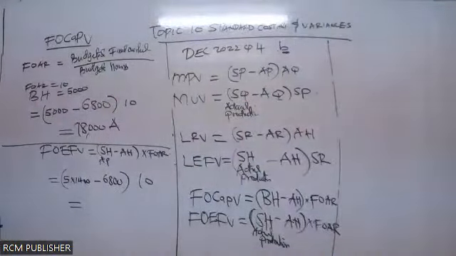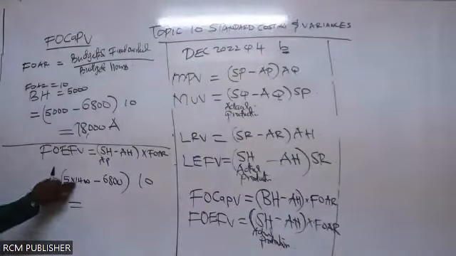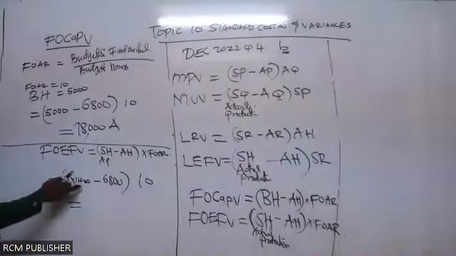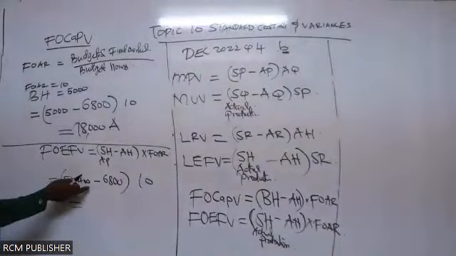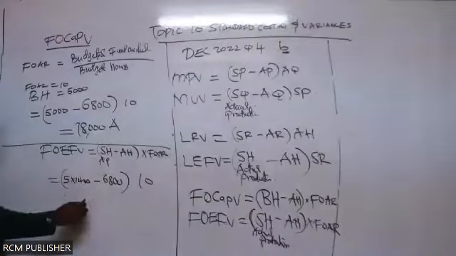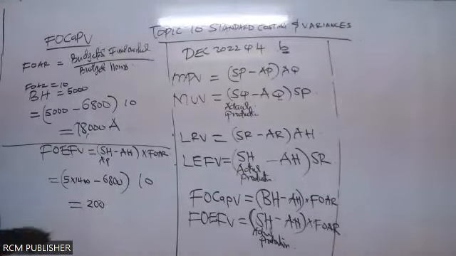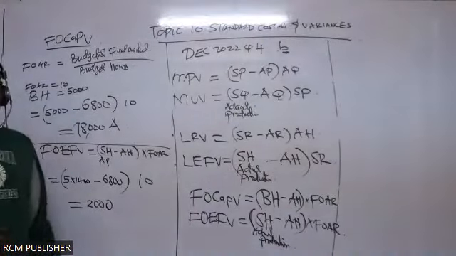I don't expect it to be 18,000. This by this should give me 7,000. The difference between 7,000 and 6,800 should be 200. Then I add this one here, so 2,000. So what I need from you now is the sign.